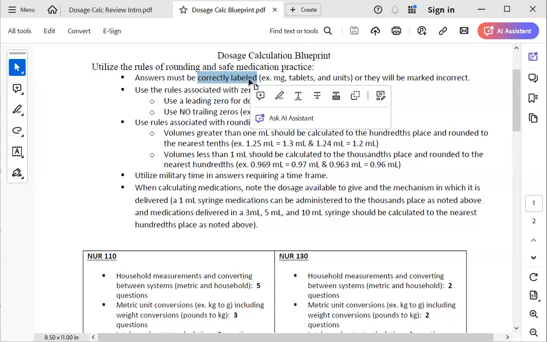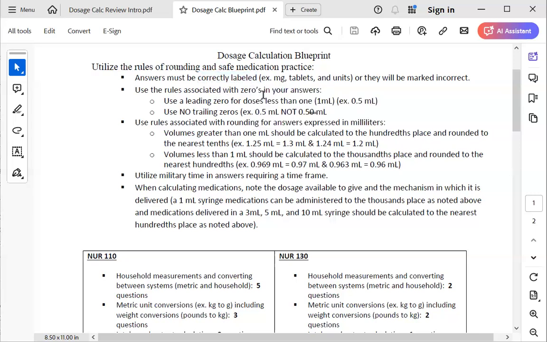Like, what are we talking about here? So you want to make sure you denote what you're talking about. Nothing will ever be answered just a number. It's always going to be 90 kilograms, 2.25 milligrams.